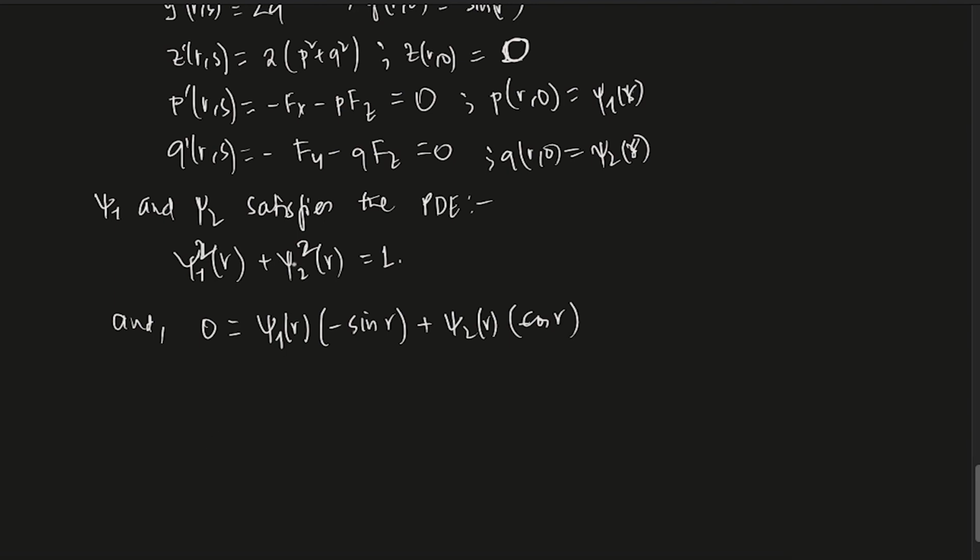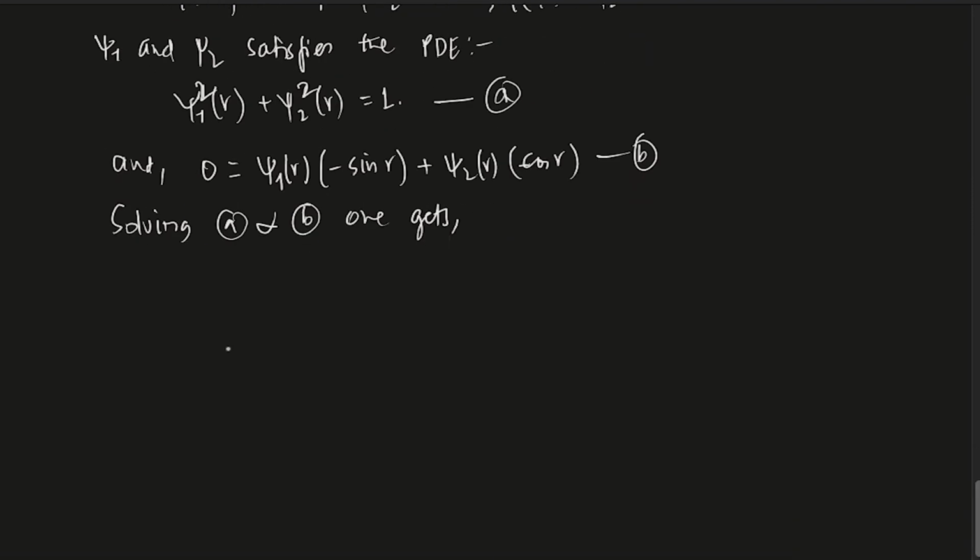So now you have to solve these two equations. It's not very difficult to solve these equations, right? Let's call them A and B. Solving A and B, one gets two relations. Number one, either psi 1 of r equals cosine of r, and psi 2 of r is sine of r.